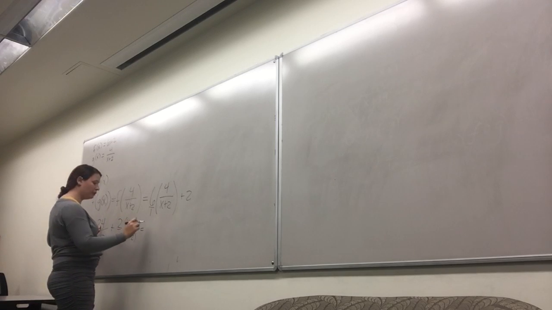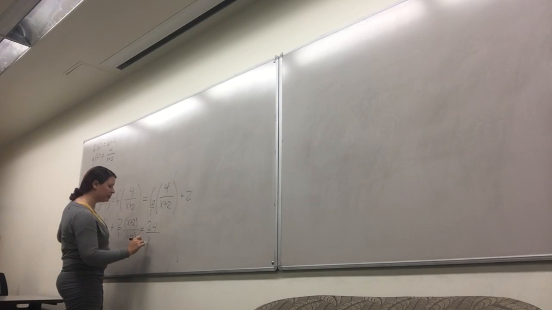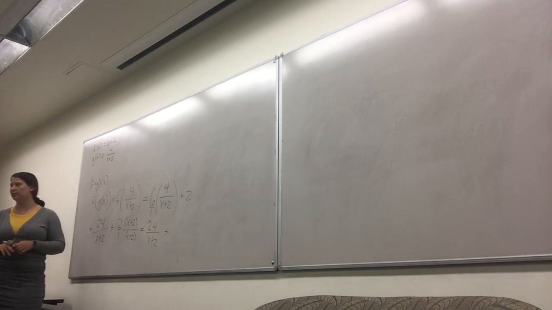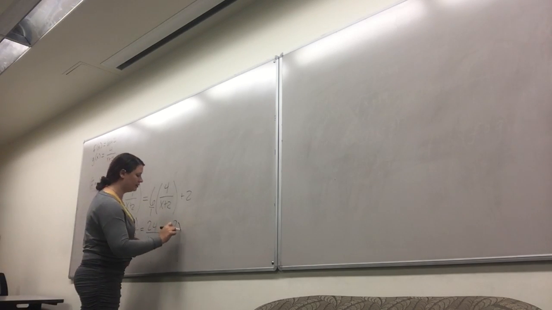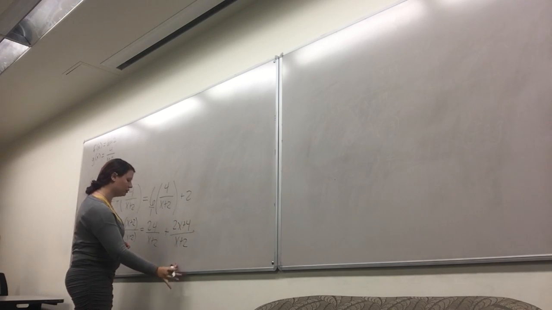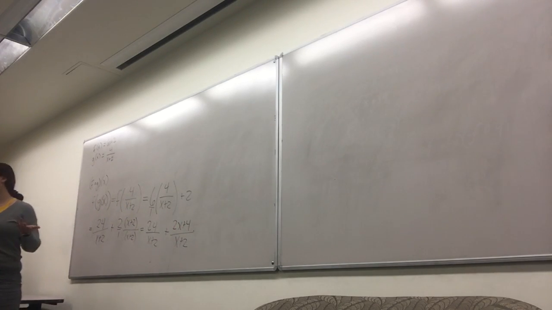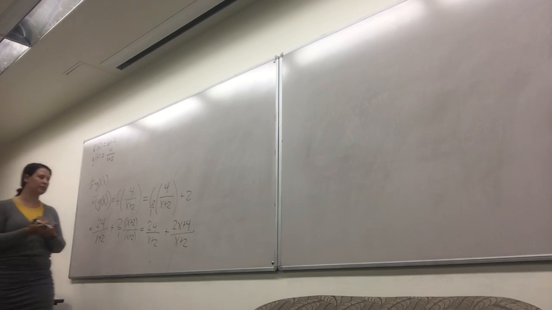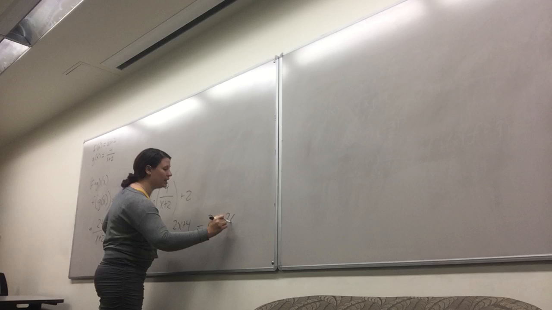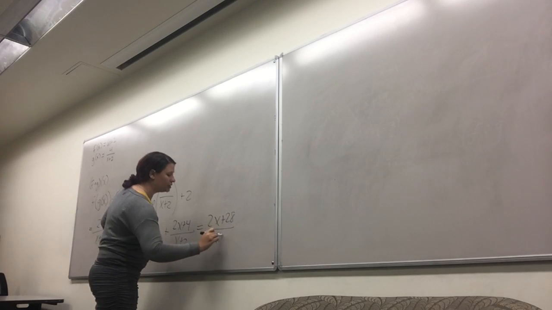We have 24 over x plus 2 plus what? 2x plus 4 over x plus 2. And then combine like terms. Yeah. So that means we have 2x plus 28 over x plus 2.